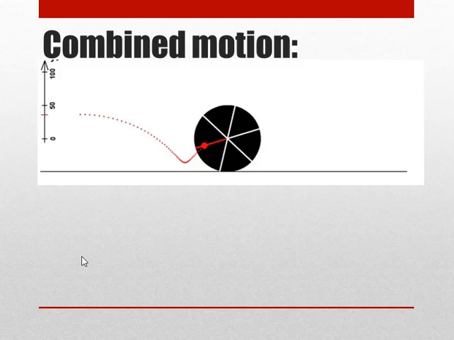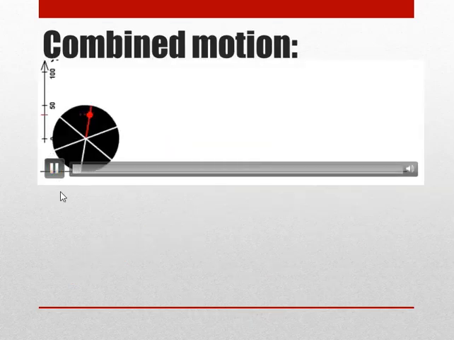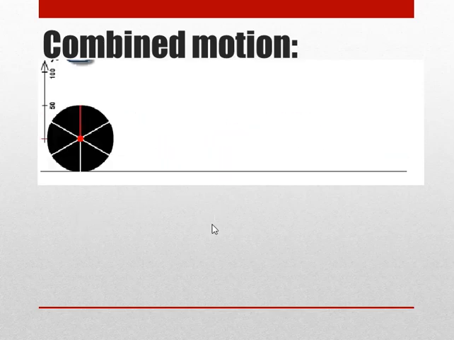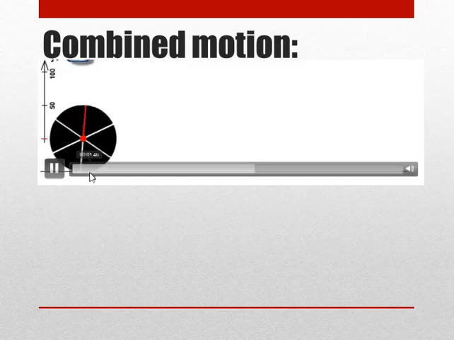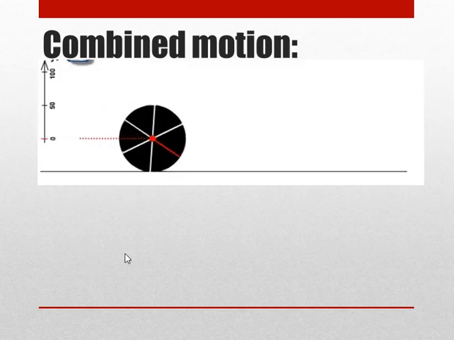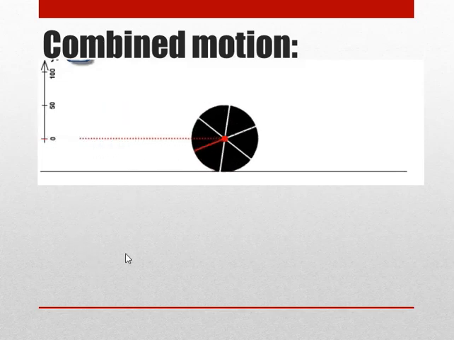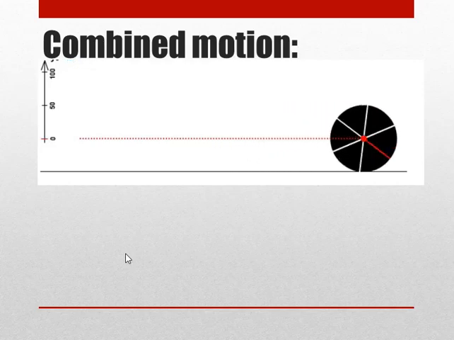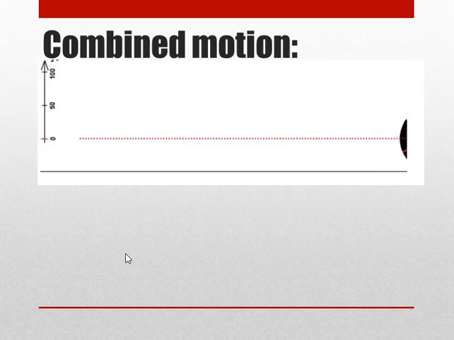And if I observe the center of the wheel and I allow the object to move, the center of the wheel is moving in rectilinear translational motion, while all the points rotate about the center.